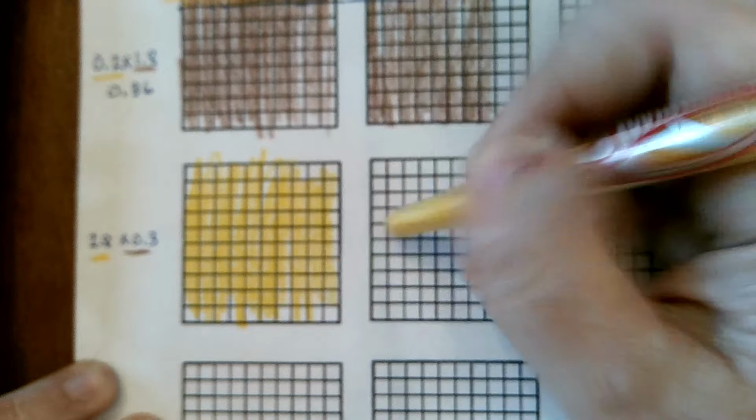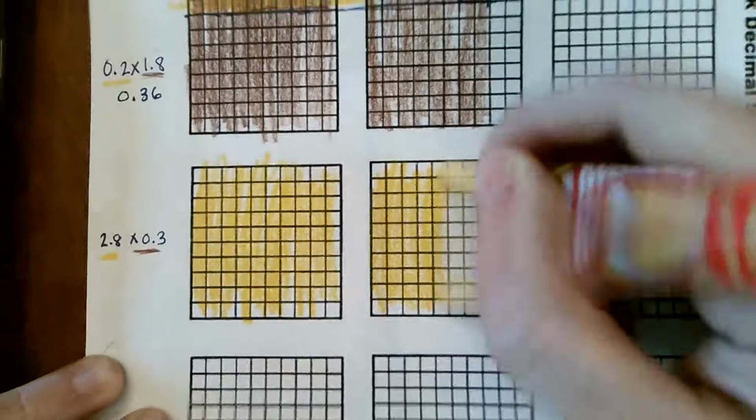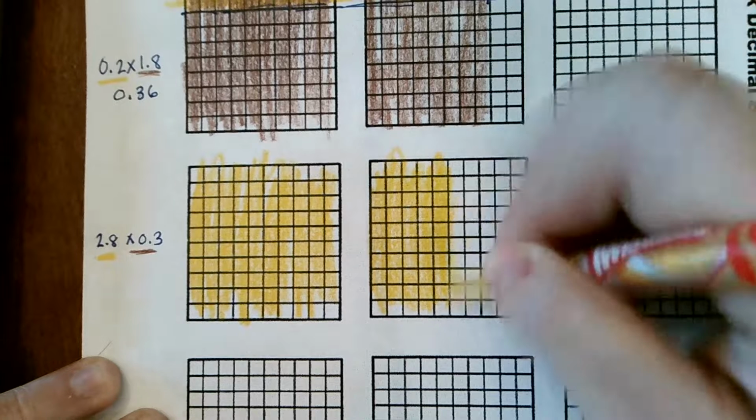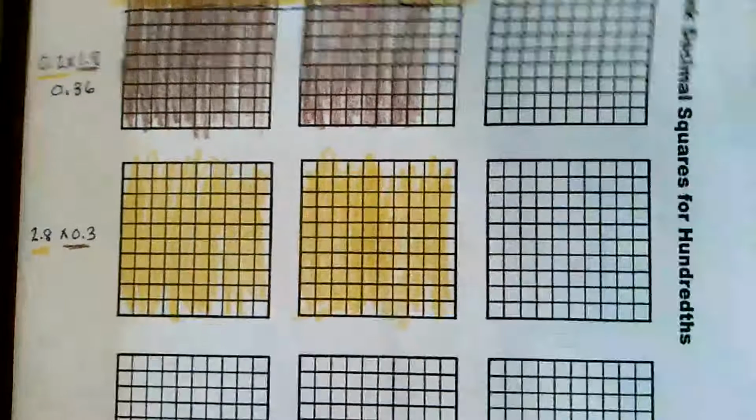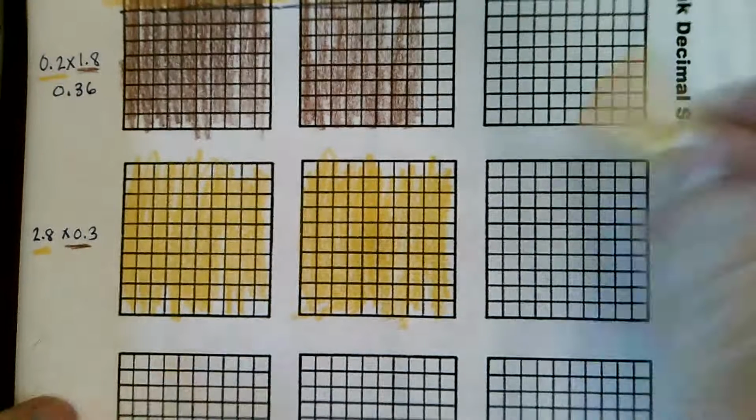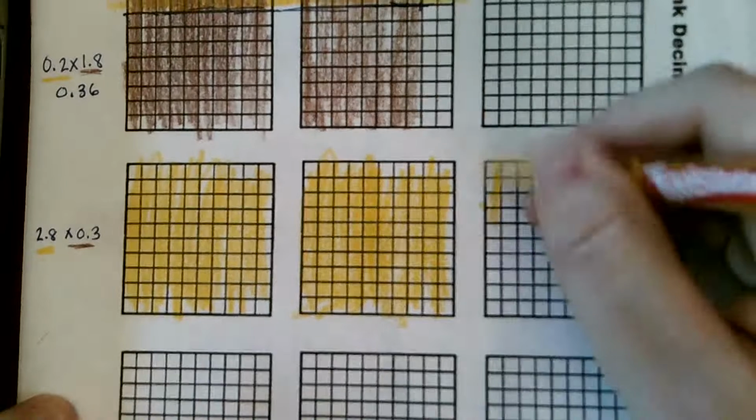So 1, and again, because I know I'm coloring the whole, I'm not being too careful with it. And 2. And then 8.